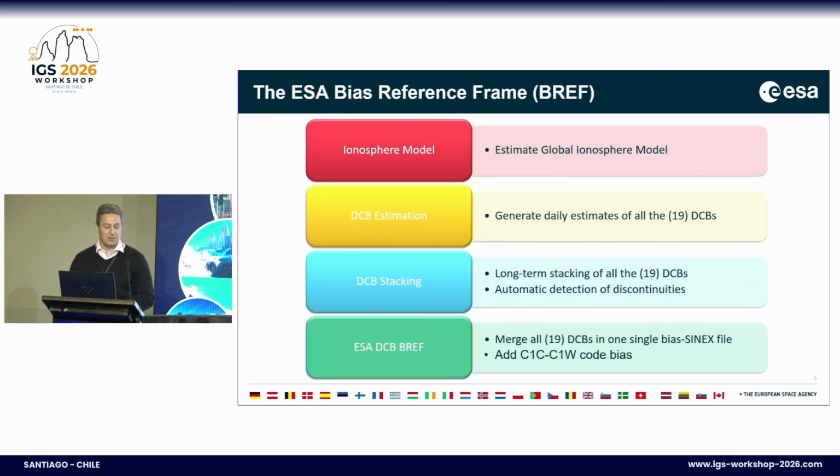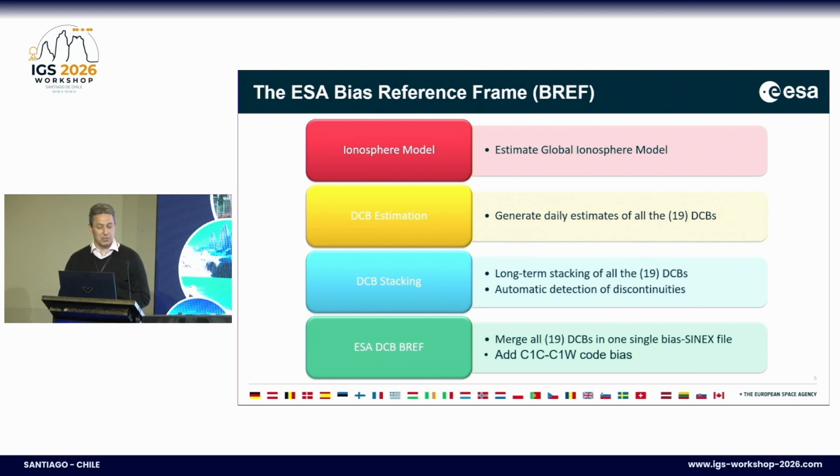The next step is then a long-term stacking. We stack over the entire period where the DCBs are stable, where no event occurred. But we have to make sure that we automatically detect any changes, in particular in close to real time, so that we can adjust it in the bias reference frame.